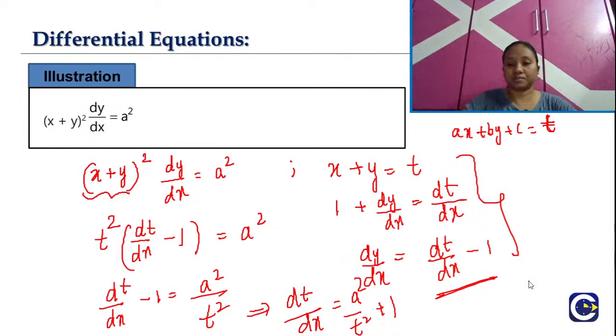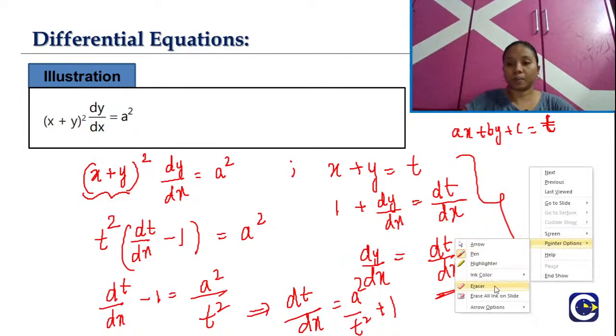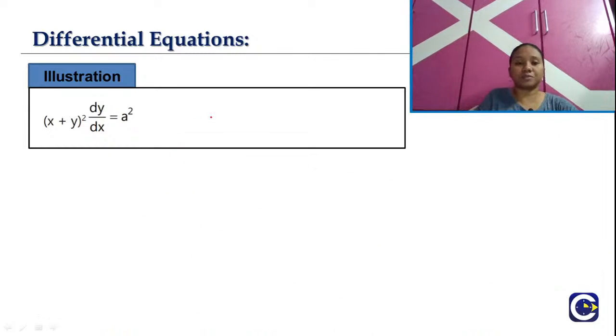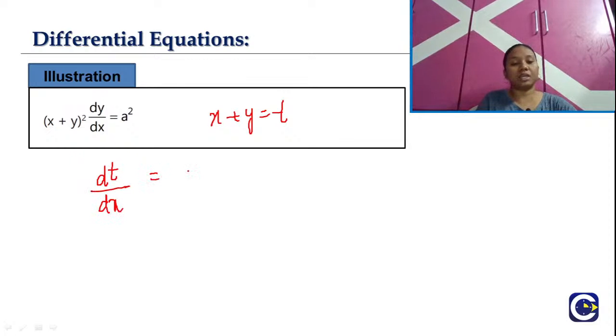So, after the substitution of x plus y equal to t and simplification, we end up having the expression in the variables t and x, that is nothing but dt by dx equal to a square by t square plus 1.